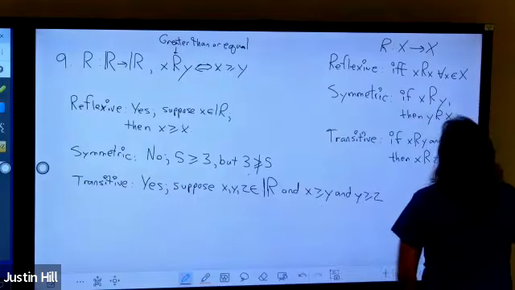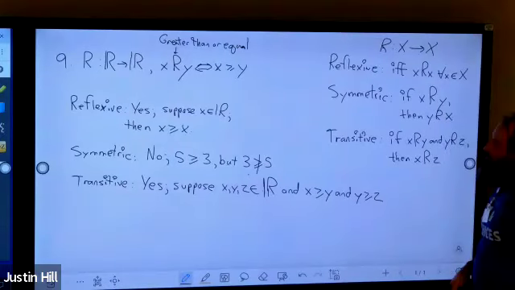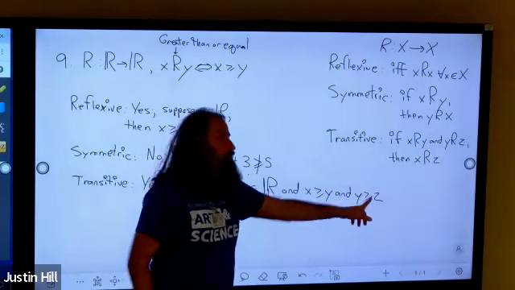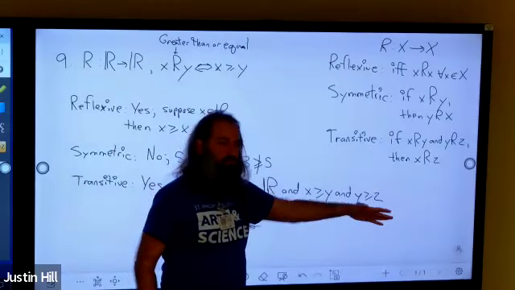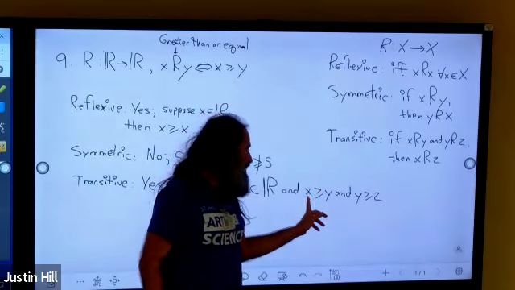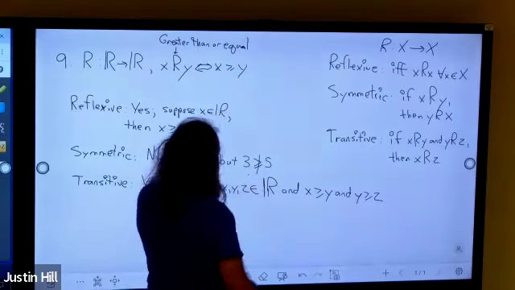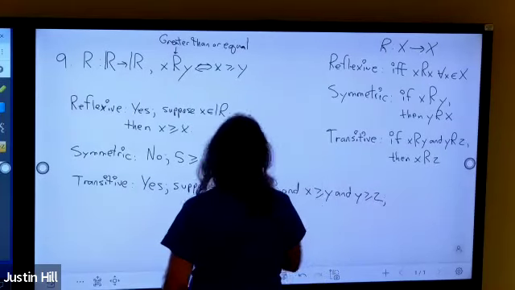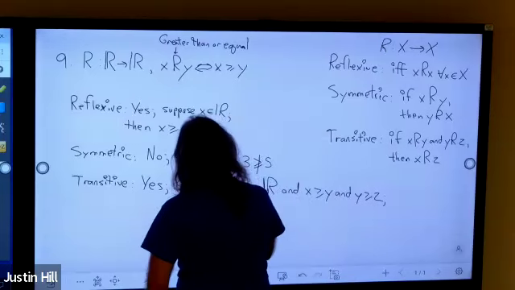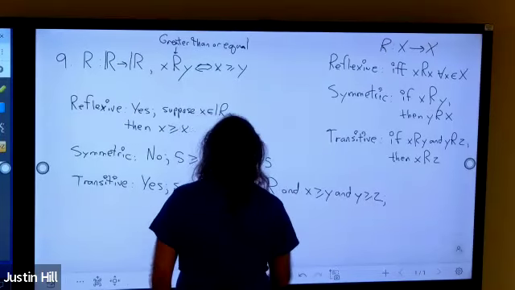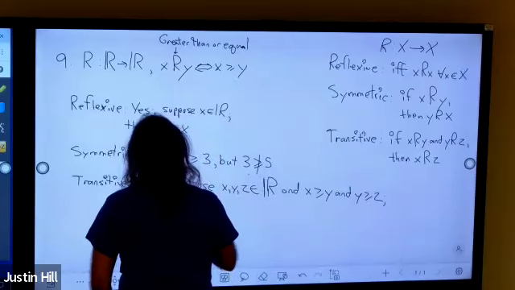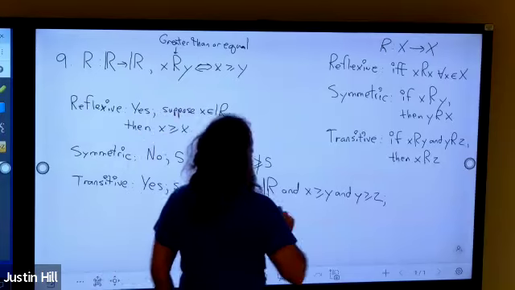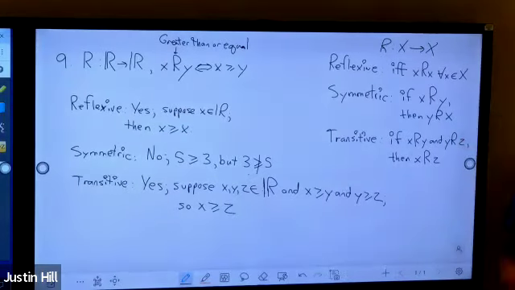So I'm supposing everything in the if part of this statement. Then, from what we know from arithmetic and greater than or equal, X has to be greater than or equal to Z. And that's it. If I can show the then part, I've got the proof.